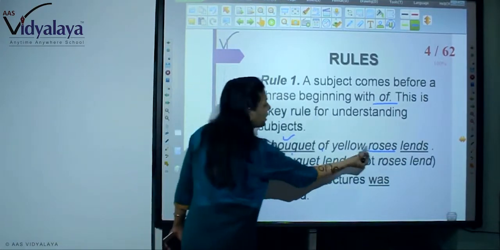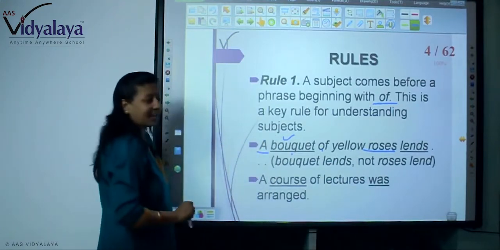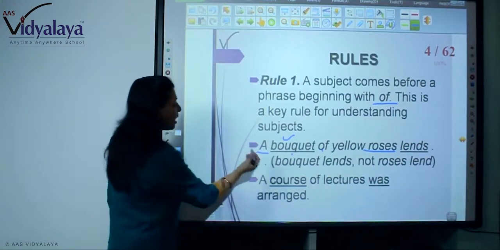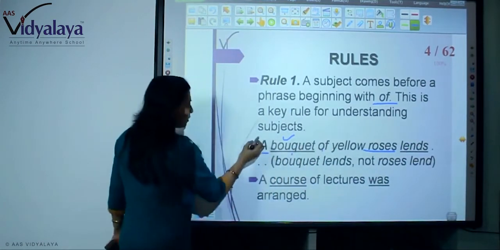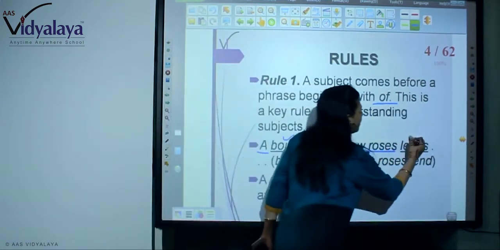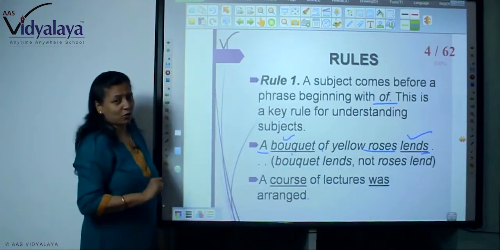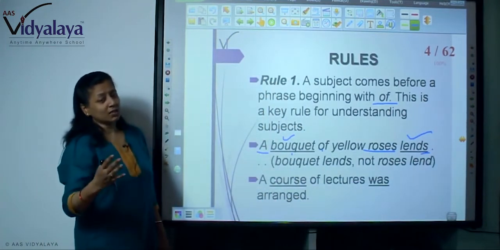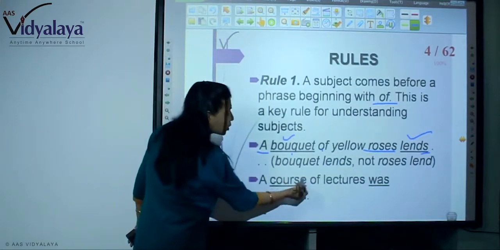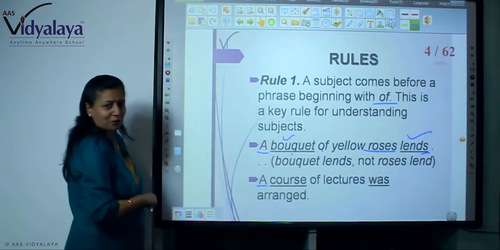Now, a bouquet of yellow roses lends, as this is A. A means 1. Try to understand. A bouquet of yellow roses. So, according to the singular, here is the verb lends. We have used s or es. As you know, with the singular, we use s or es in the verb. Now, a course of lectures. A course of.